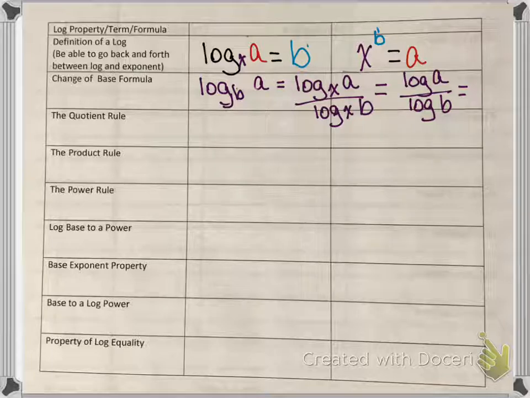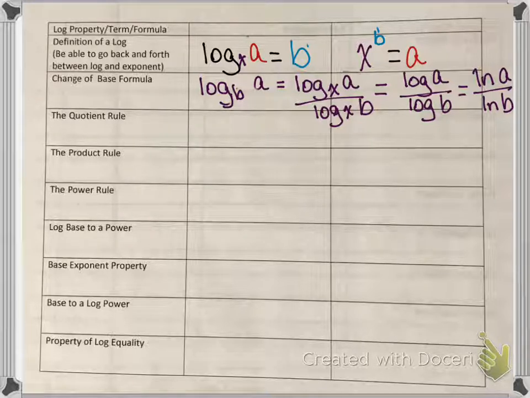That's log base 10 of A over log base 10 of B. We're also going to talk about the natural log, which is when we have a base of e. We briefly talked about e on Thursday and will talk a little more about it today. The change of base formula allows us to do that.